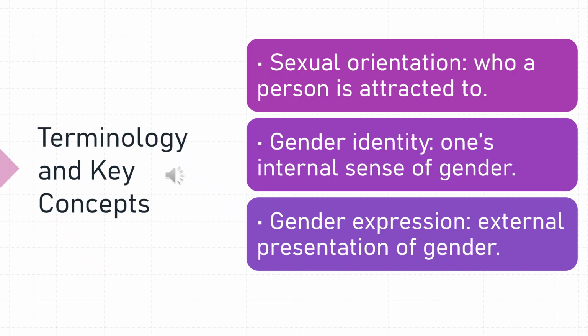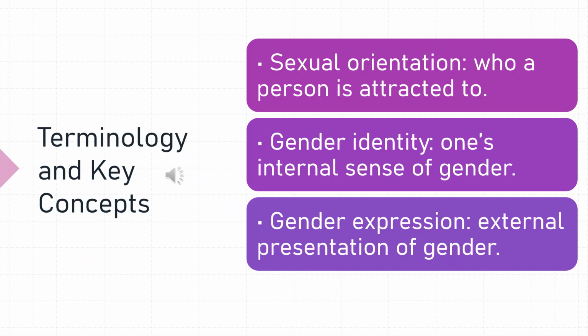So an example of this would be lesbians, gays, bisexuals, or pansexuals. When we talk about gender identity, this is a person's internal sense of being male, female, or both. Could be an internal sense of not really having a gender or being gender fluid. Examples of this would be gender fluid, transgender, or non-binary.